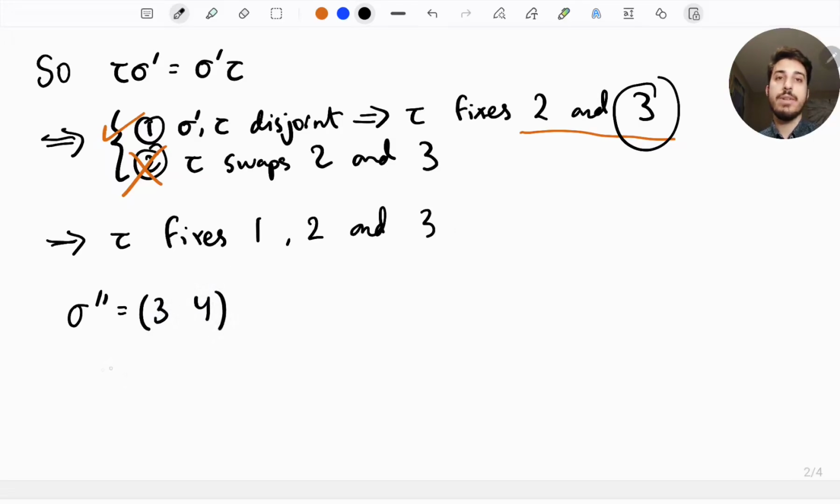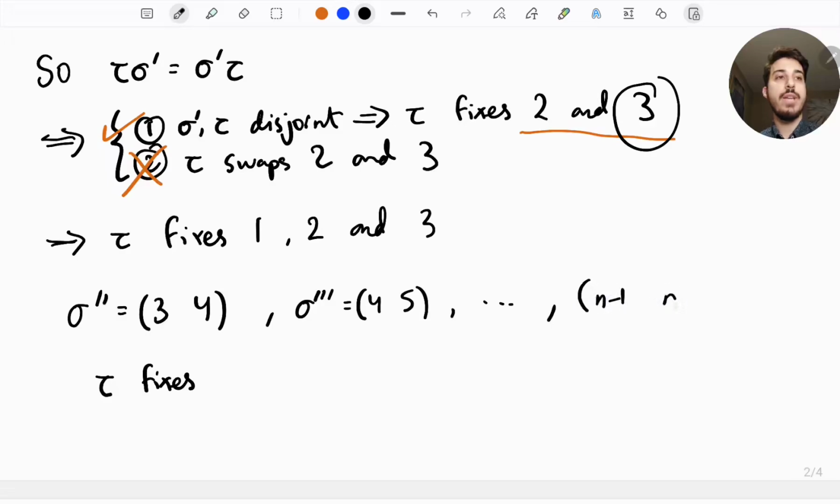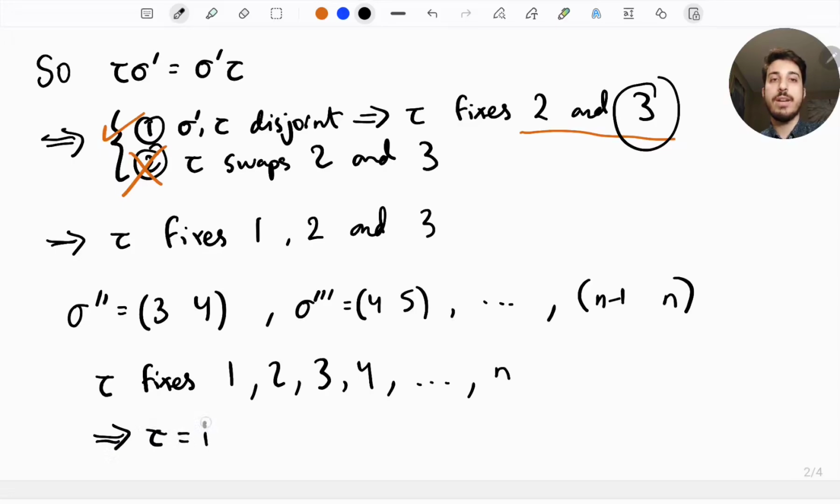And then we can have tau fixes 3 and 4, and then sigma triple prime to be 4 and 5, and then all the way to n minus 1, n, and then now tau fixes 1, fixes 2, 3, 4, all the way to n. So we arrive at the conclusion that tau fixes all of the elements in E. Therefore, tau is exactly the identity permutation.